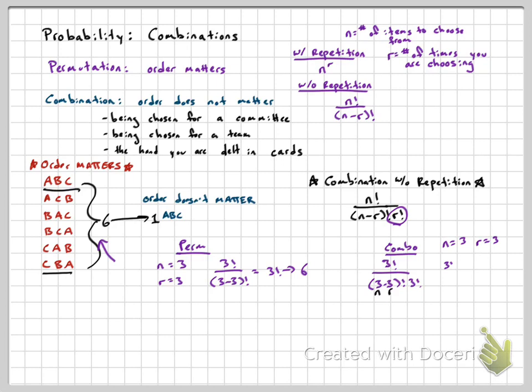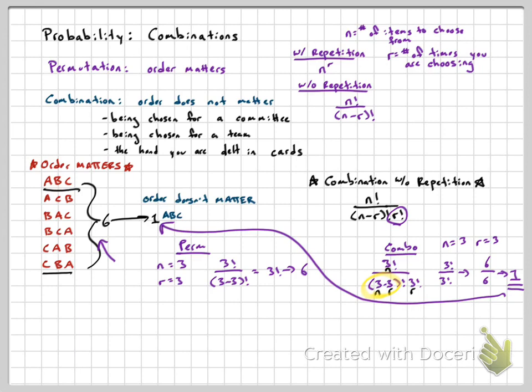So that comes out to 3 factorial over 3 factorial, because remember, this part right here comes to 0 factorial. 0 factorial is 1. 3 factorial over 3 factorial, that's 3 times 2 times 1 over 3 times 2 times 1, which is 6 over 6, which comes out to just 1. Okay, so we had to reduce by a certain amount to make up for that order doesn't matter.